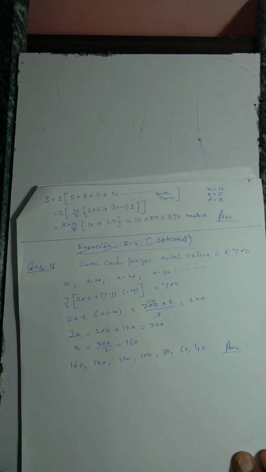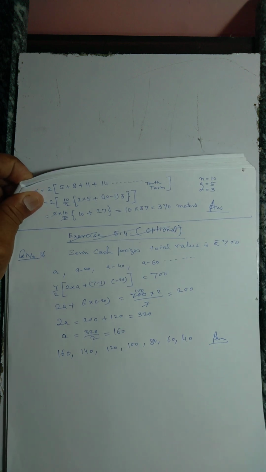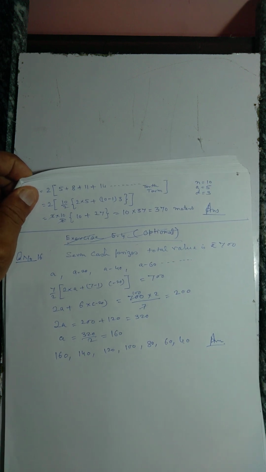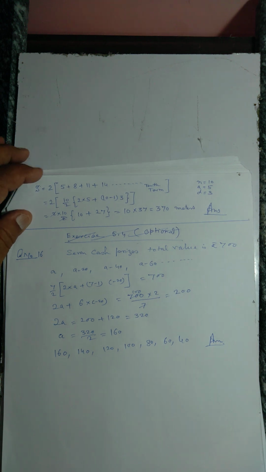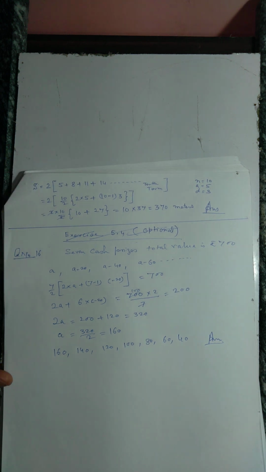Now you see question number 16, which was by mistake missing. Question number 16 states that a sum of rupees 700 is to be used to give 7 cash prizes to the students of a school for their overall academic performance. If each prize is rupees 20 less than its preceding prize, find the value of each of the prizes.